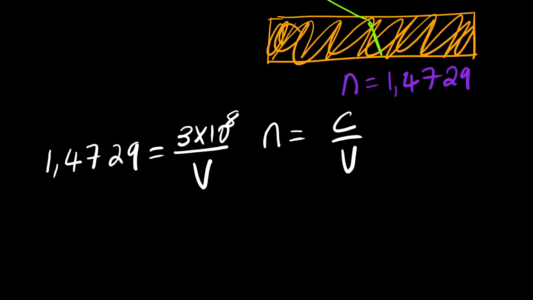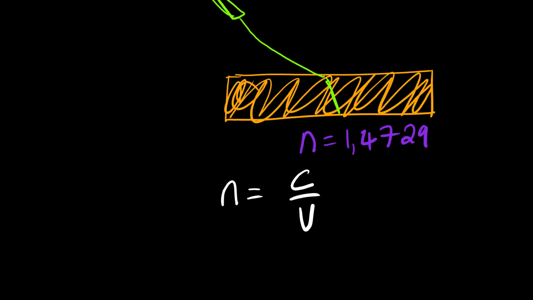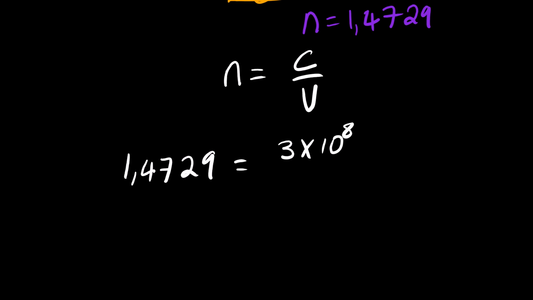From here we need to solve for V. Let me write it here: 1.4729 equals 3 times 10 to the power 8 over V. Now we are trying to solve for V. What we are going to do is multiply both sides by the term causing the fraction.